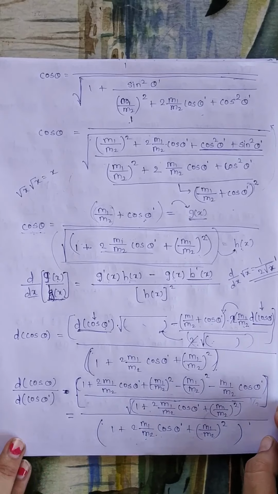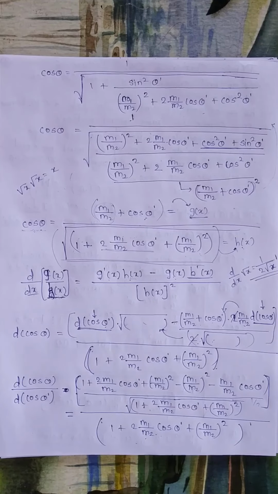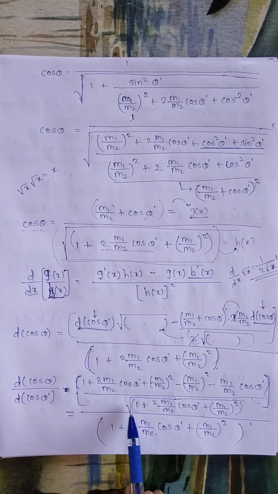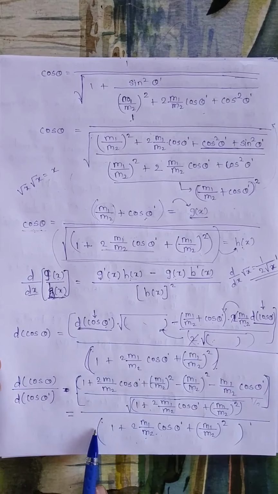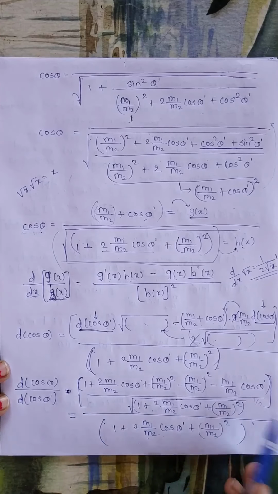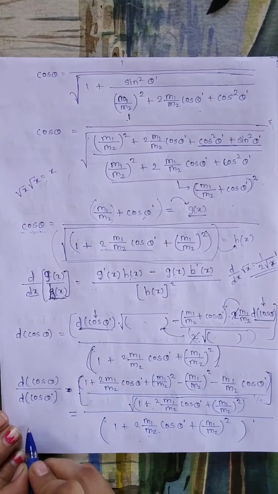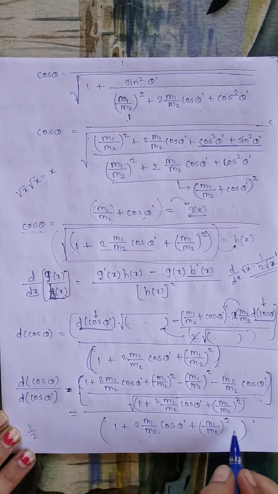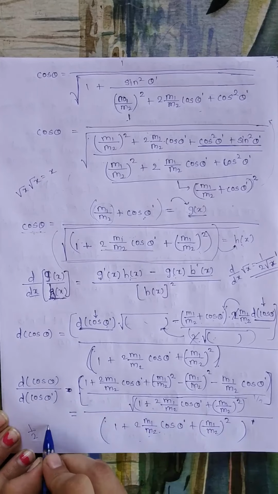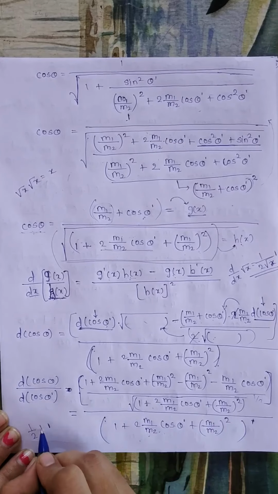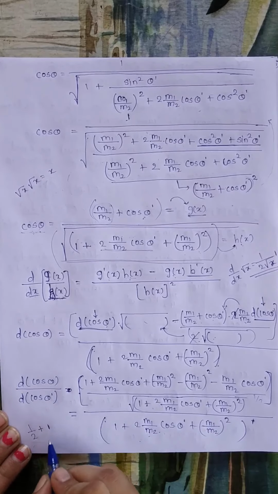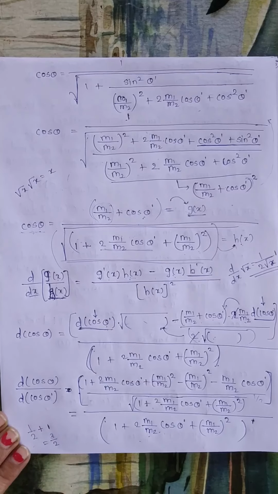So here we can take this quantity which is inside the root in the denominator, and there will be two brackets with different powers. So the power of the first bracket will be 1 by 2 and the other has power 1. And if the base is same, we can do addition of powers. So 1 by 2 plus 1, we will get 3 by 2.